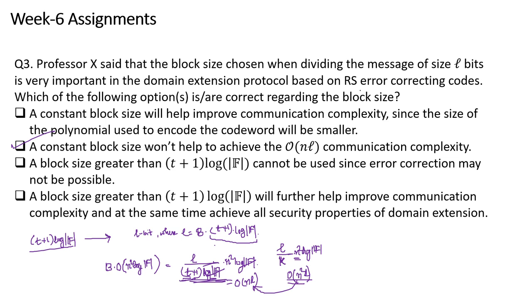Now we know that in Reed-Solomon decoding, we need this condition: the number of field elements in the codeword minus the number of field elements in the data word, let's denote it with m, should be greater than or equal to 2t. Or in other words, m should be less than or equal to n minus 2t.